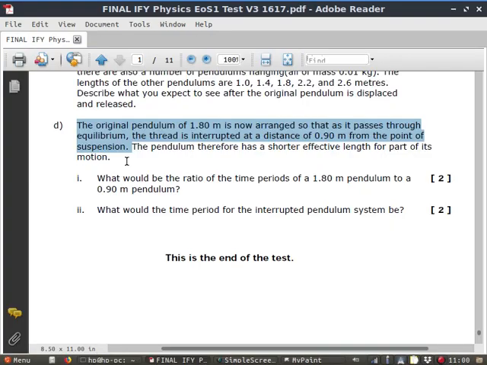When they said it's now arranged to pass through equilibrium, I don't think that's telling us that they grabbed the string at the equilibrium point. I think, as Diego said, what they're trying to say is it's swinging, and you imagine it begins when it's in equilibrium.